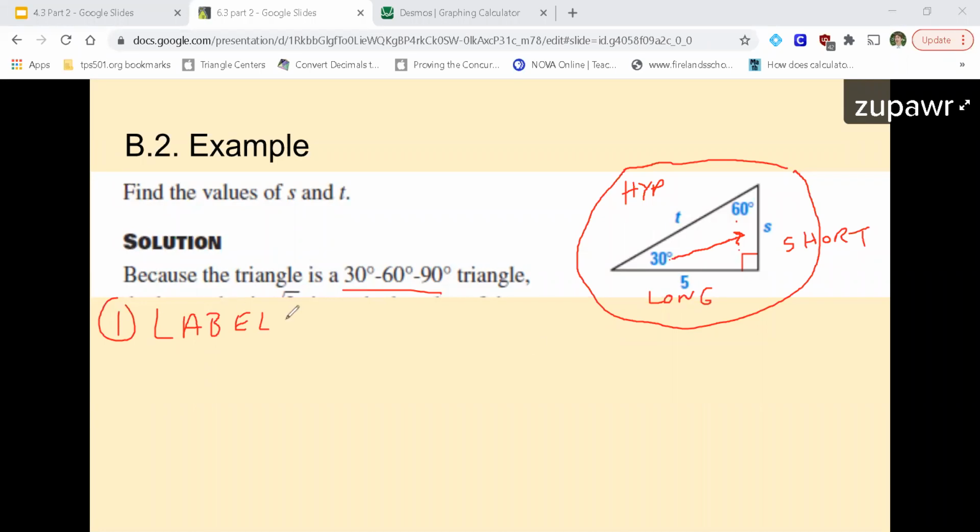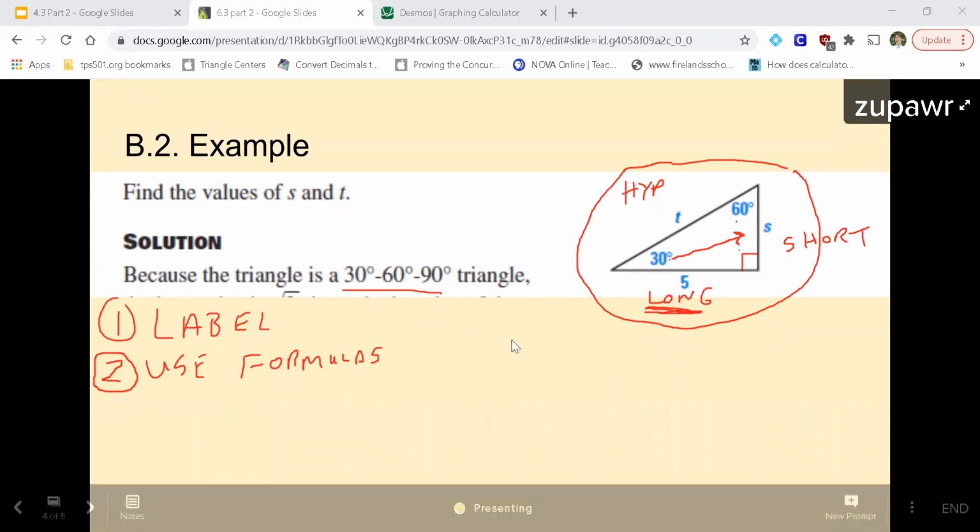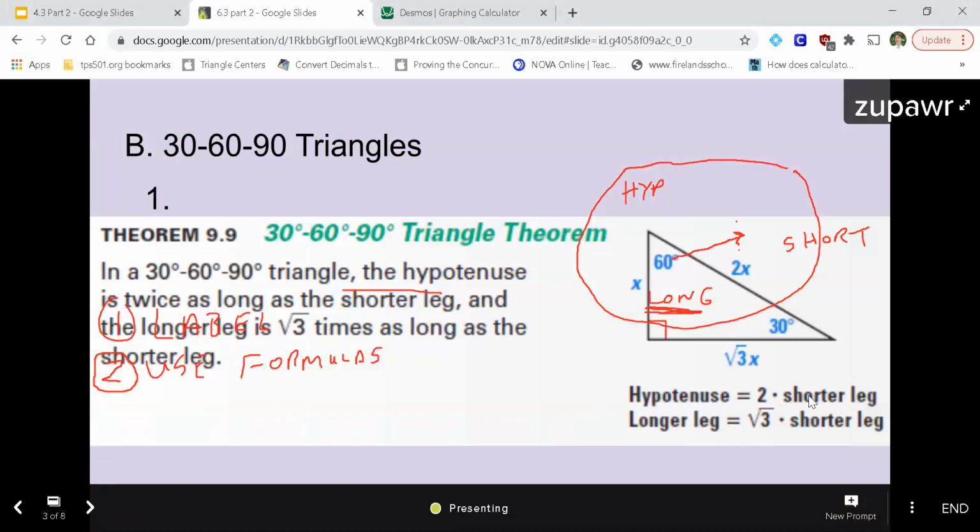All right, once you have your labels correctly written down, we can now solve this using our formulas. According to what we are given in this case is the longer leg. That's where we have to start. So if we look at our formulas, what formula has the longer leg in it?